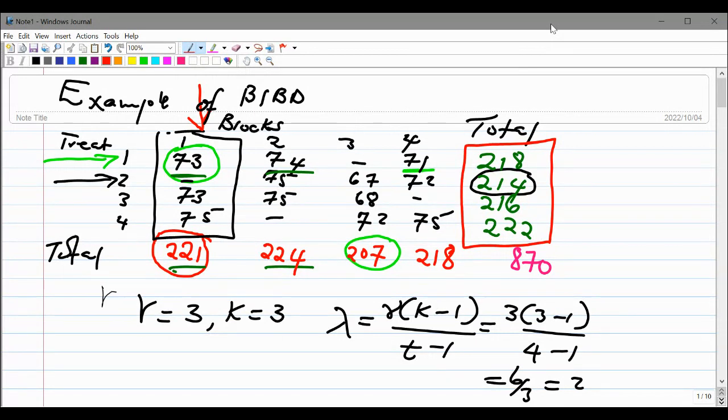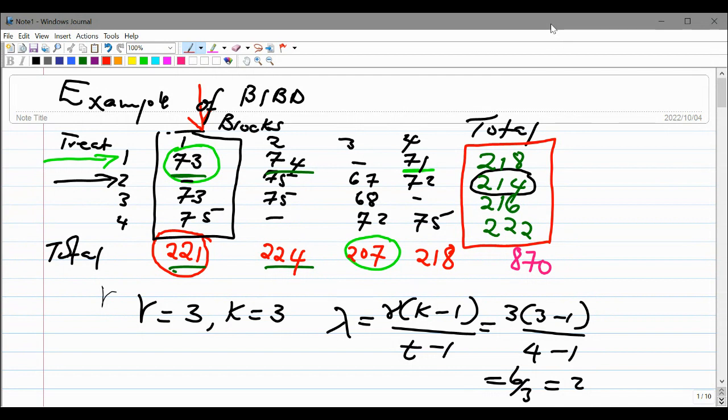The size of the block we represent by K, and the other one for the treatment is represented by R.